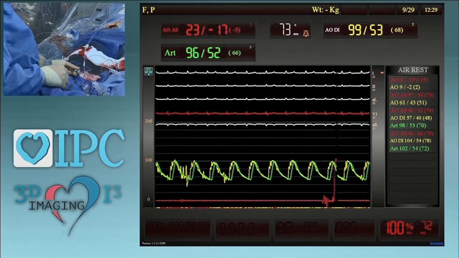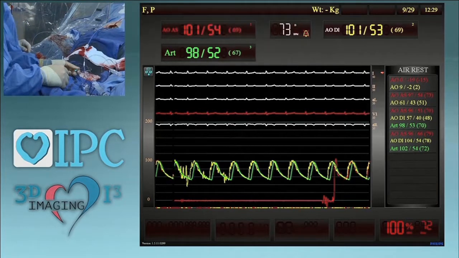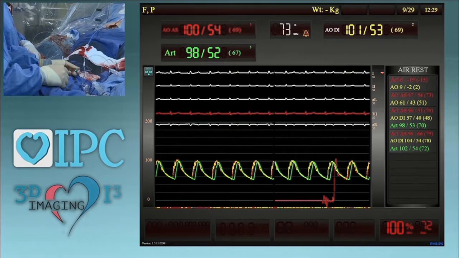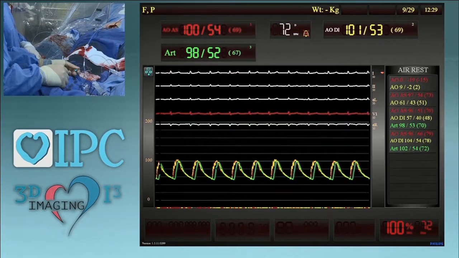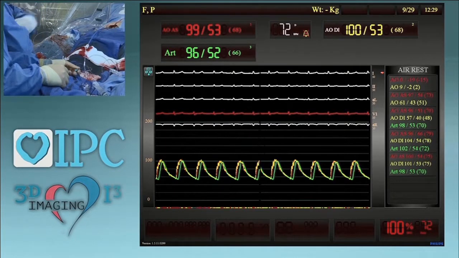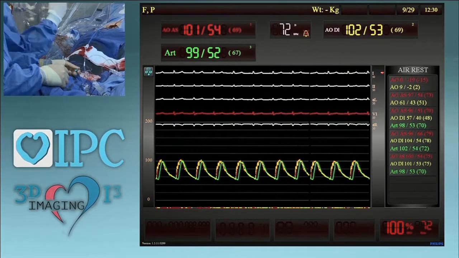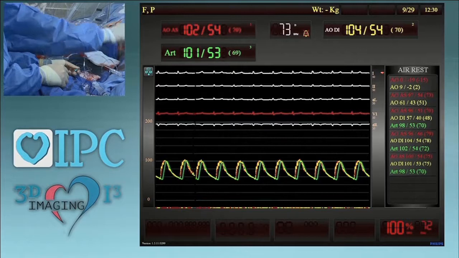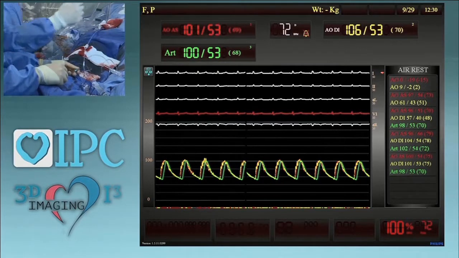We also could connect the right radial artery, and you may see the three pressures are the same. There is no gradient, or 2 millimeters gradient. So I think that we should stop here. We are going to have another injection in the AP view just to be sure that there are no other problems. Let's do an AP.